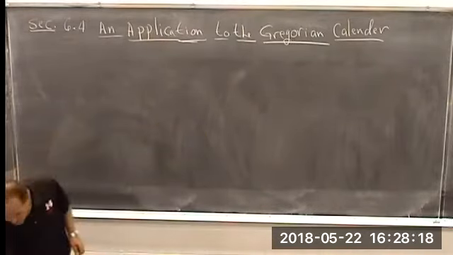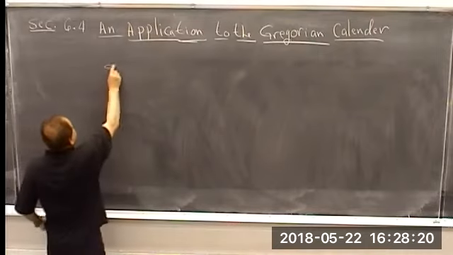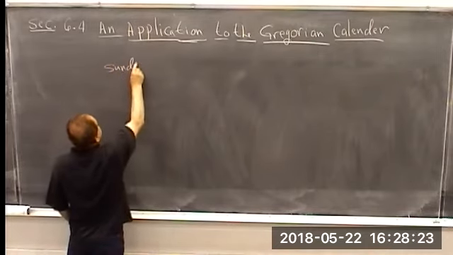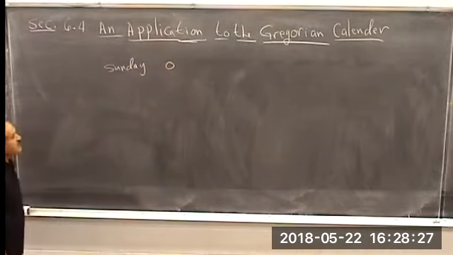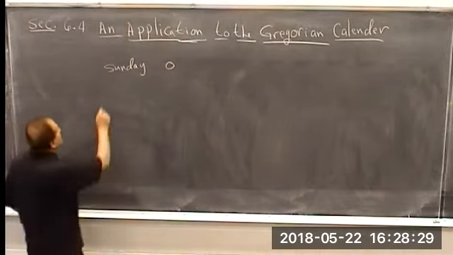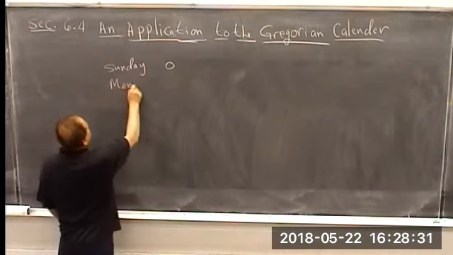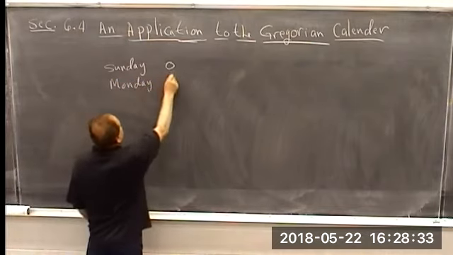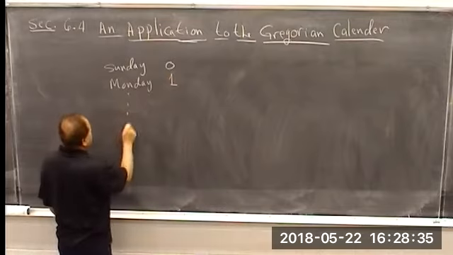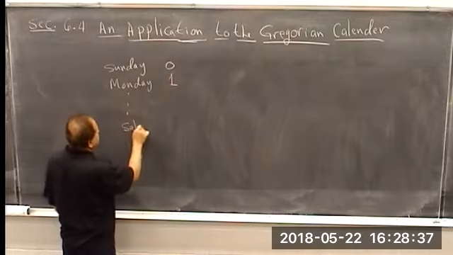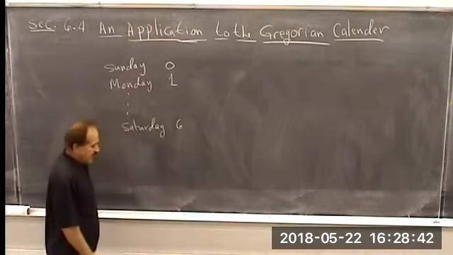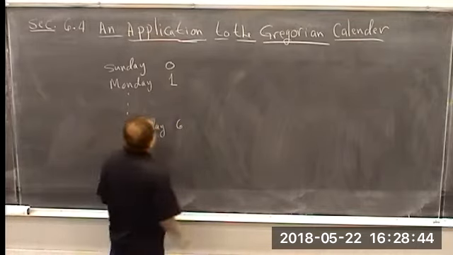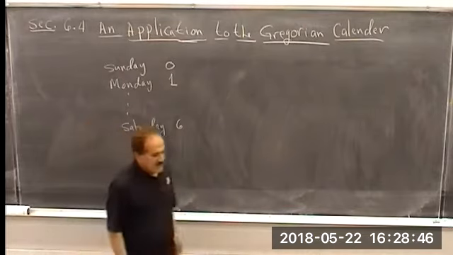We're going to associate with Sunday 0. So the 0 day, basically. And then Monday will be 1, and so on. And Saturday will be the 6th day. All right? You associate with these.